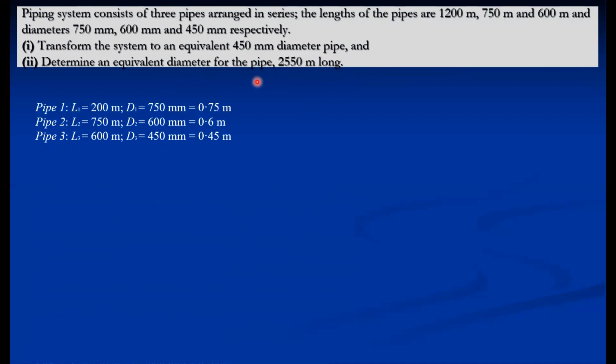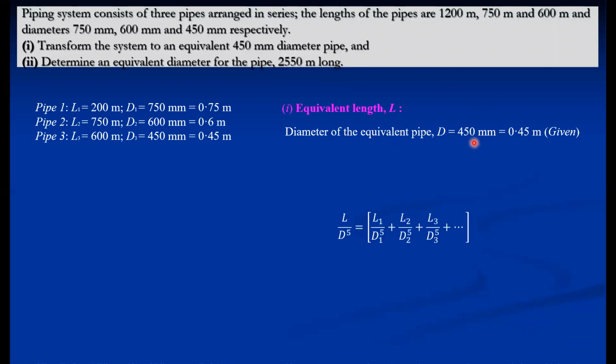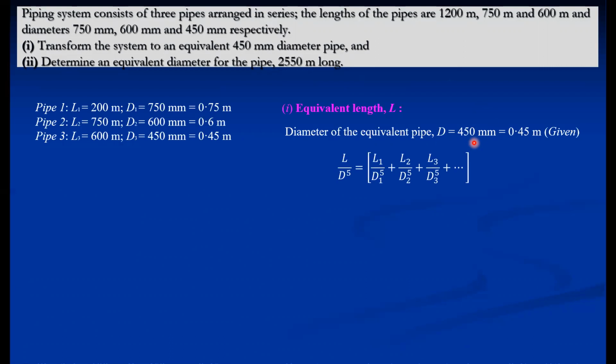The numerical part is not that difficult. Pipe 1, pipe 2, pipe 3, the lengths and diameters are given. Then we can calculate the equivalent length in the first case, because here the diameter is given, that is 450 mm. So the diameter of the equivalent pipe D is given, and we have to calculate the length, which in this case is 871.3 meter.